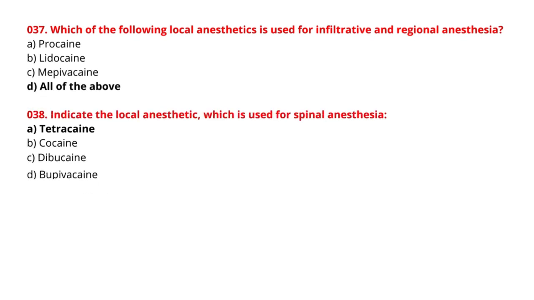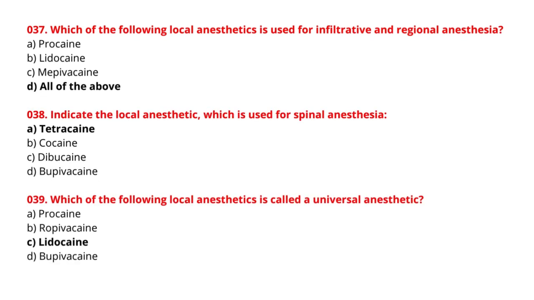037. Which of the following local anesthetics is used for infiltrative and regional anesthesia? A. Procaine. B. Lidocaine. C. Mepivacaine. D. All of the above. Answer is D. 038. Indicate the local anesthetic, which is used for spinal anesthesia. A. Tetracaine.